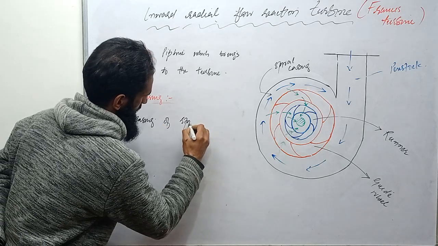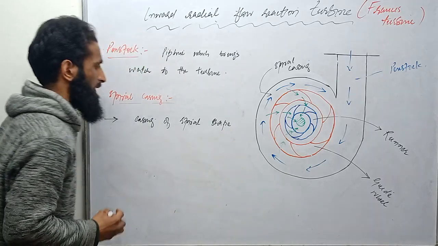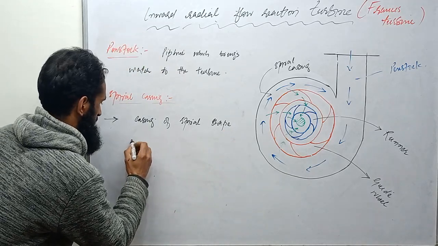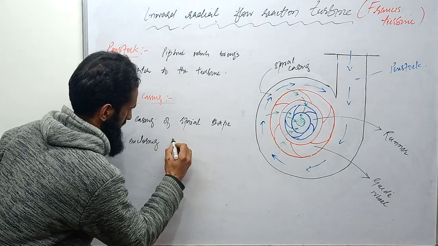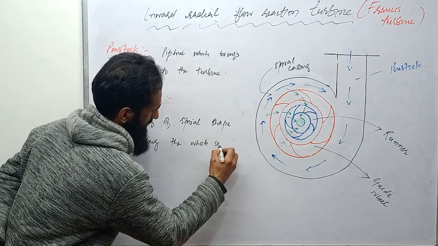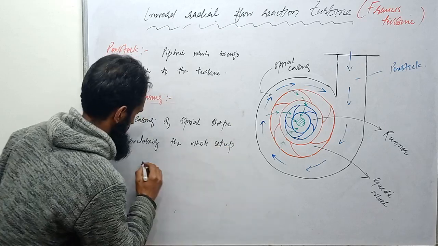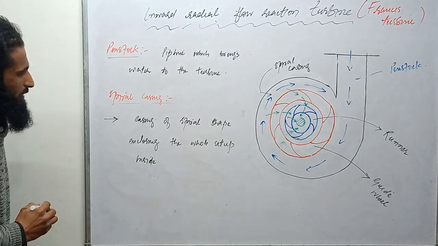It is the casing of spiral shape enclosing the whole setup inside. This is the first point.